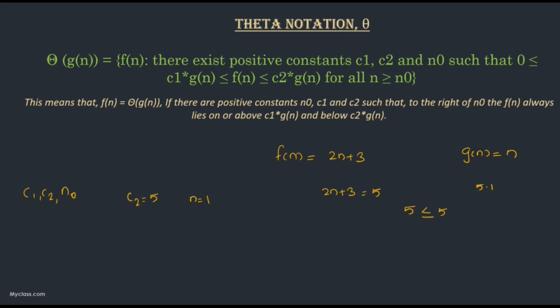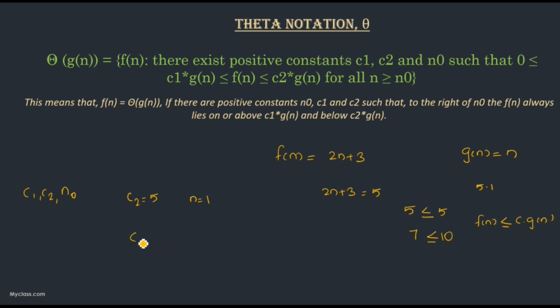N equal to 1, so the n0 value is 1. From the value of n0, when n equal to 2, means 2 into 2 plus 3, that means 7, and 5 into 2 is 10. So here also it is true. So from this value onwards, f of n is always less than or equal to c into g of n.